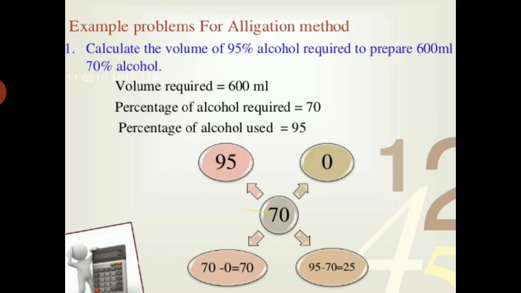Example: calculate the volume of 95% alcohol required to prepare 600 ml of 70% alcohol. So the volume required is 600 ml, the percentage of alcohol required is 70, and the percentage of alcohol used is 95. We calculate the sum by the alligation method, putting the values in as shown in the PPT.